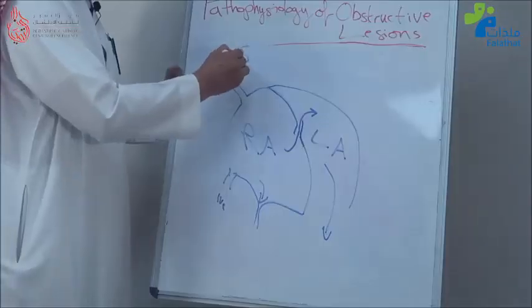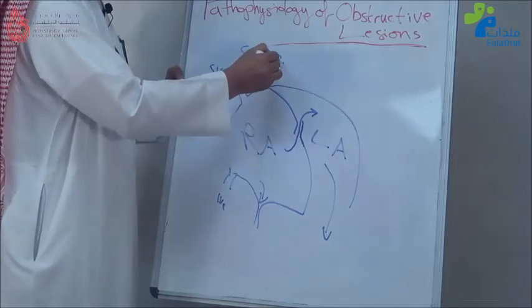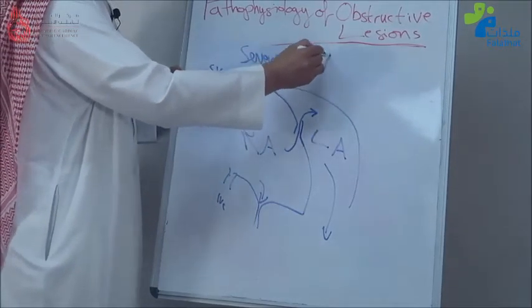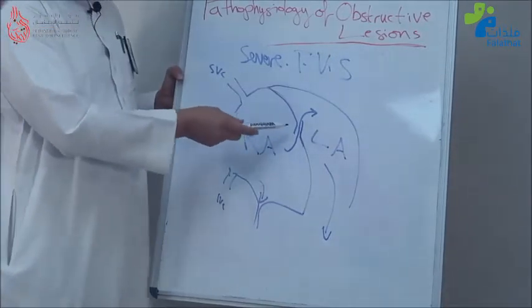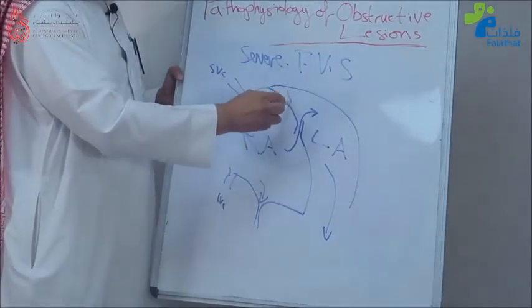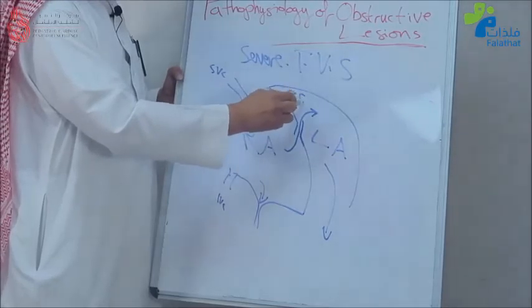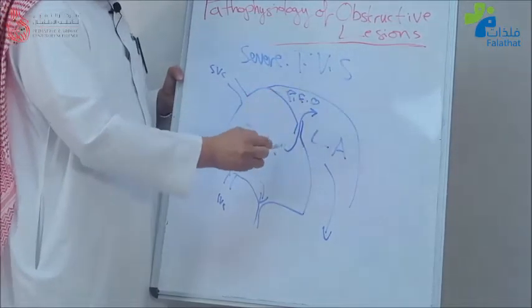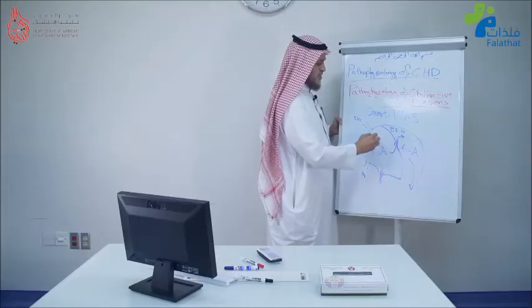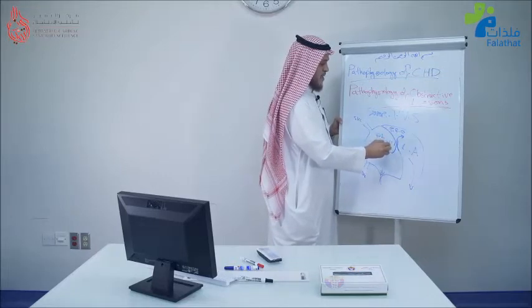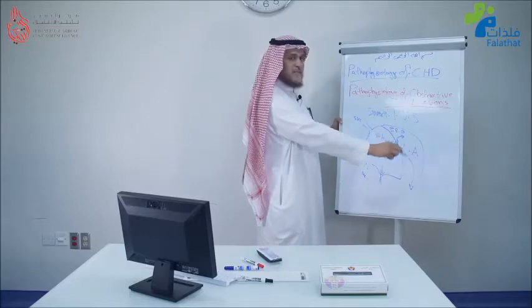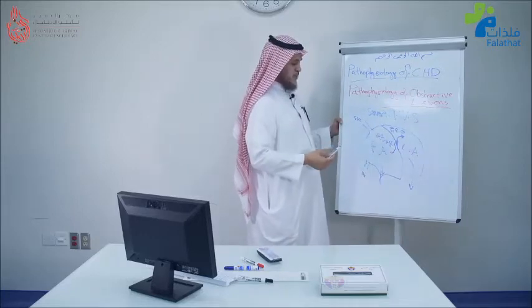So in severe tricuspid valve stenosis, we do see quite a bit in these patients a patent foramen ovale with a right to left shunt across the septum, causing the cyanosis but maintaining the cardiac output.